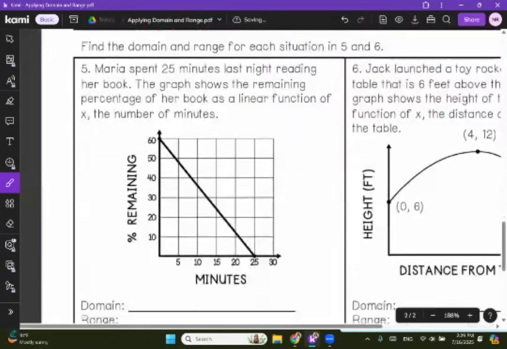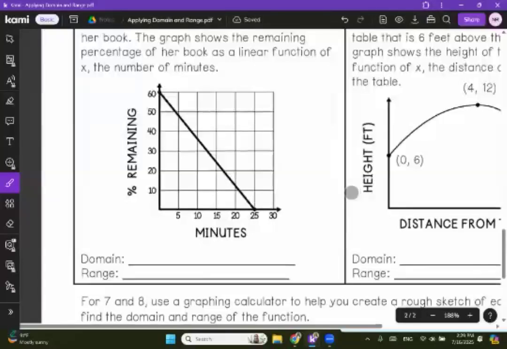Number 5, Maria spent 25 minutes last night reading her book. The graph shows the remaining percentage of her book as a linear function of x, number of minutes. Okay, well, none of these points are disconnected. That means this is a continuous. So the only thing we have to do is label your endpoints 0, 60 and 25, 0.